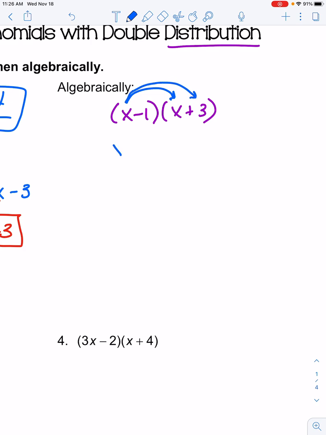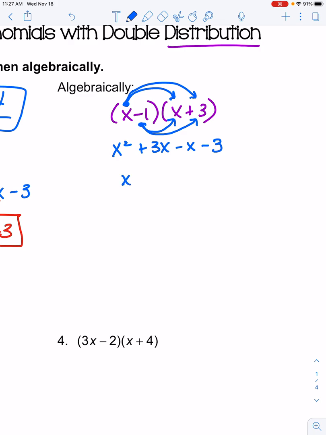Well, x times x is x squared. x times 3 is 3x. Then again, I need to multiply the negative 1. Negative 1 times x and negative 1 times 3. So I've got negative x minus 3. That's why it's called double distribution, because I'm doing distribution twice, really. Once for the x and once for the negative 1.